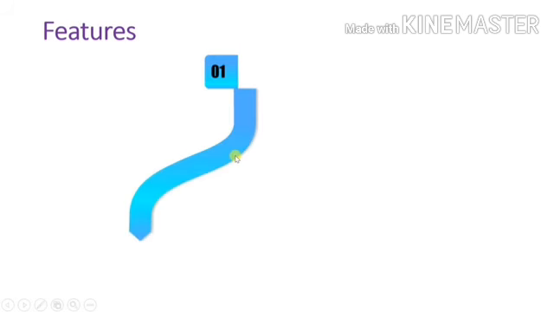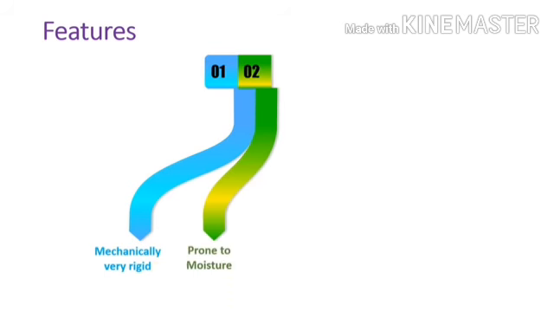Before that, let us see the features. Here first feature is that mechanically it is very rigid. So this carbon microphone is very rigid in mechanical nature. It is prone to moisture. It is even prone to heat.